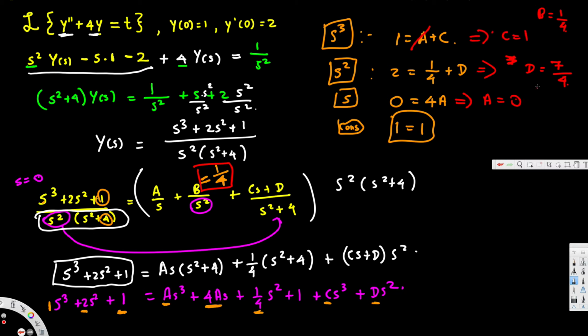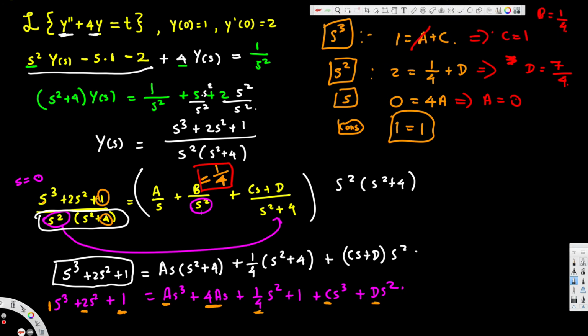We have a is 0, b here, c here, d here, so we can find out the Laplace inverse right now. Let me use a different color. Okay, here we are going to plug everything. A over s, a is 0, so we don't have to worry about that one.